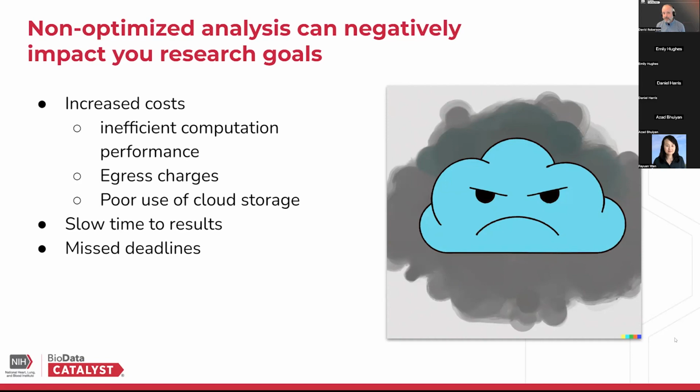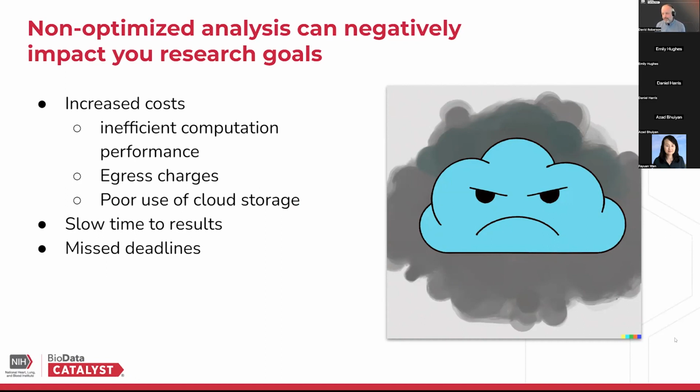You could see egress charges, which are additional charges when you try to move data from one cloud provider to another, which you want to avoid. Or maybe you're not using cloud storage appropriately. You can also have slow time to your results and missed deadlines. So these are all things we want to avoid.